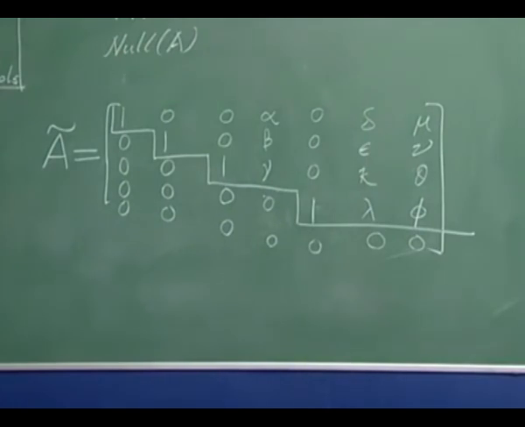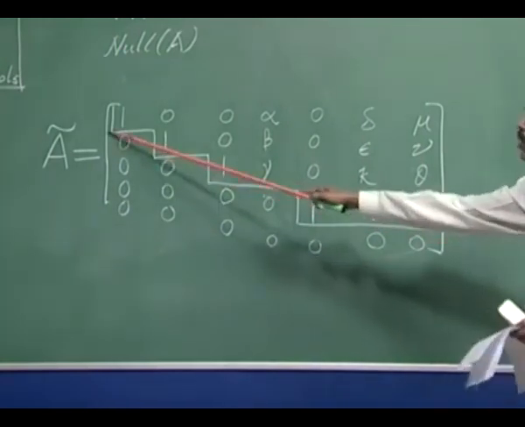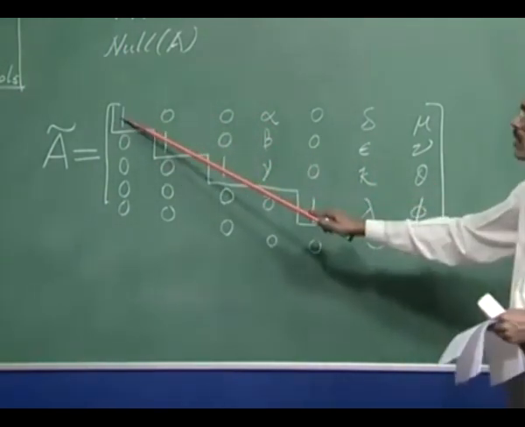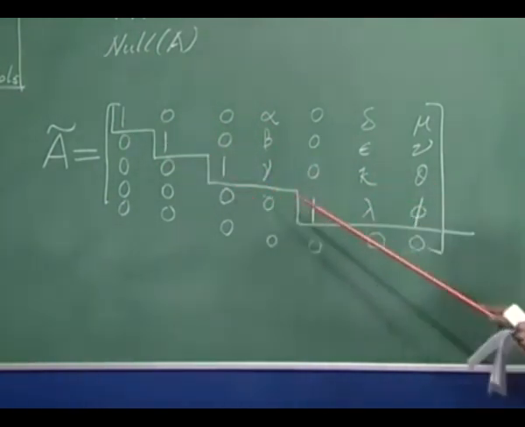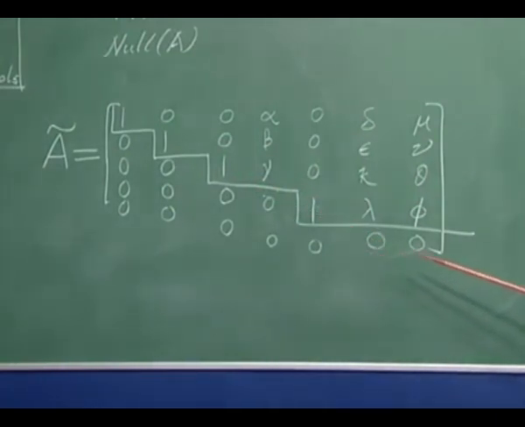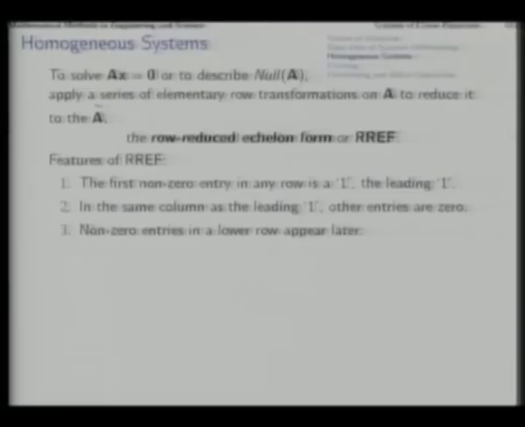The features of this form are that the first non-zero entry in any row is a 1. In this row there is no non-zero entry. If it were there, it would be a 1 wherever it appears. This particular entry is called the leading one.